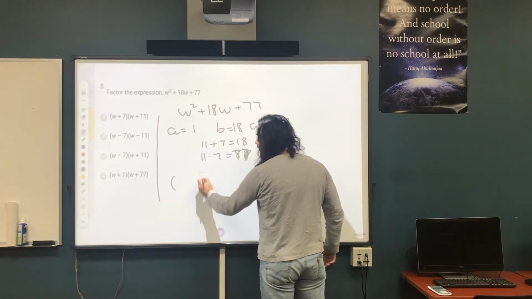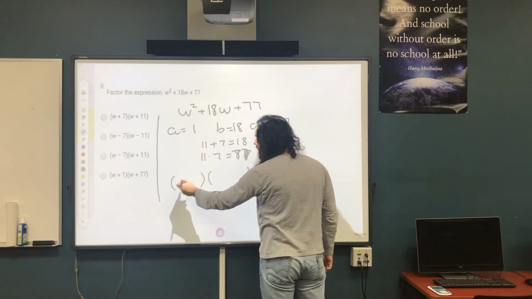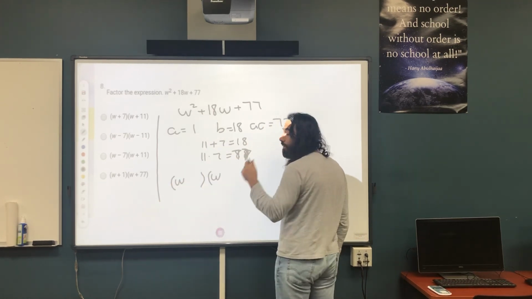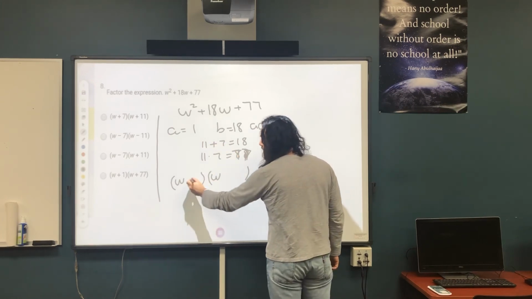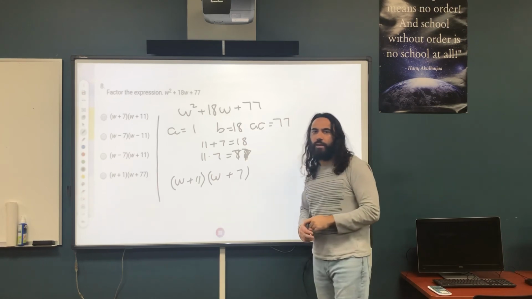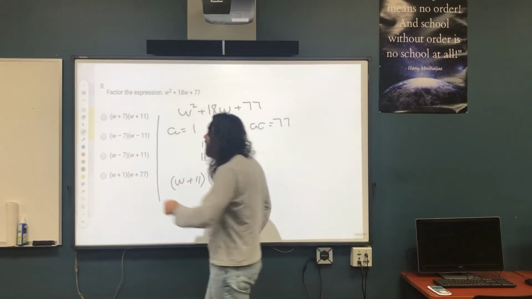Now, you put them in parentheses. You can do that because a is 1. So, the variable is w, because w times w is w squared. The numbers that you found are 11 and 7, so you add 11, you add the 7, and that is the answer. And that is it for the trinomial factoring.